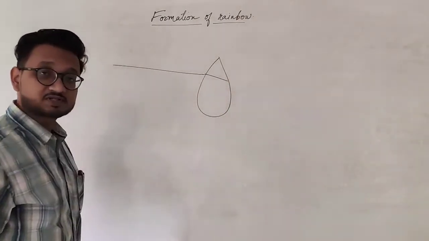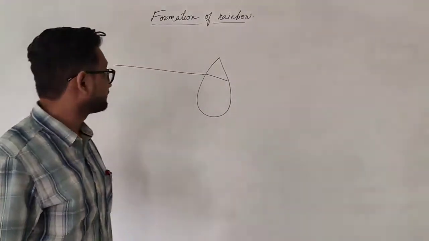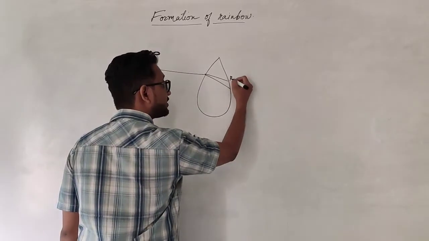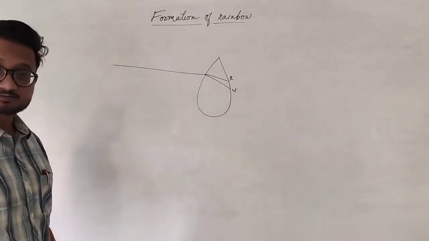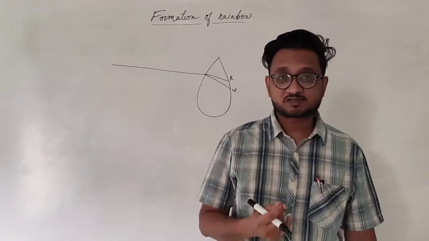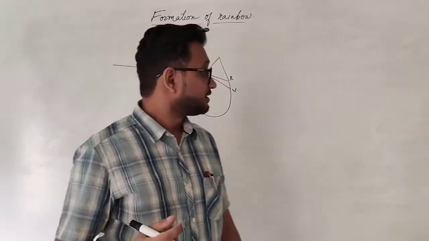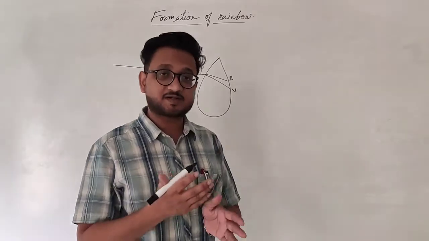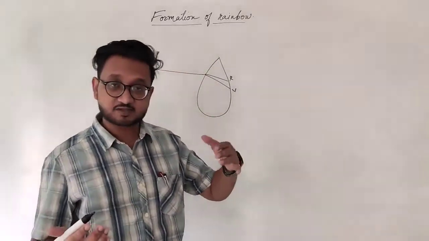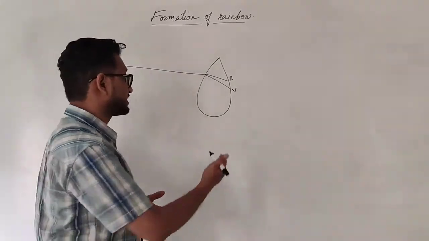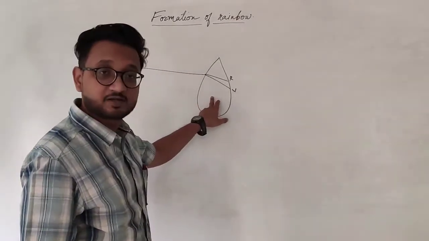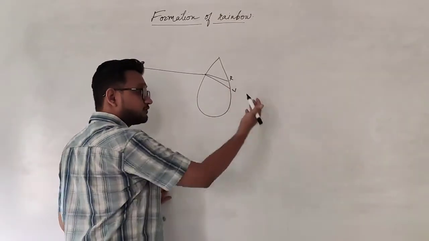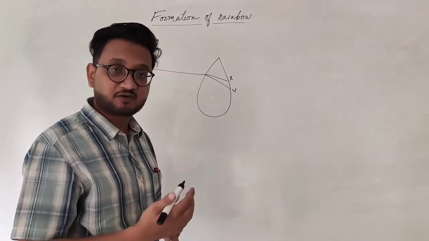For convenience purpose, I am only drawing two rays of light like this. It is understood that the top one is the red one and this is the violet one. Now inside a water droplet, because it is very small and tiny, instead of exiting from the other side, a natural phenomenon happens. Just like dispersion and just like mirror reflection, something called internal reflection happens over here. So inside a water droplet, unlike our ordinary prism, internal reflection takes place.